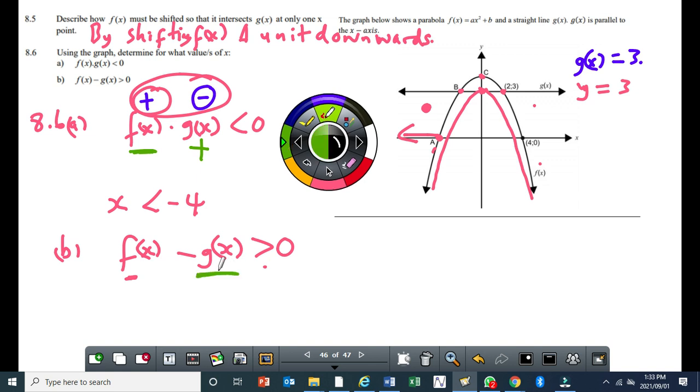For this graph, it's always positive. So g of x can never be negative.